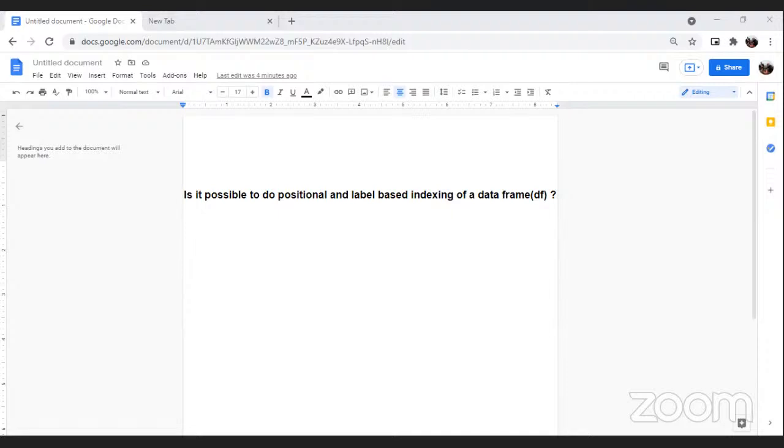Dot loc can be used to index based on the label of the element, and iloc can be used for indexing based on the position of the element. So it is possible for indexing in Python.